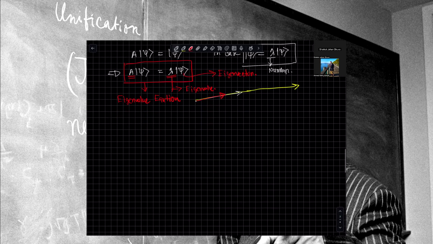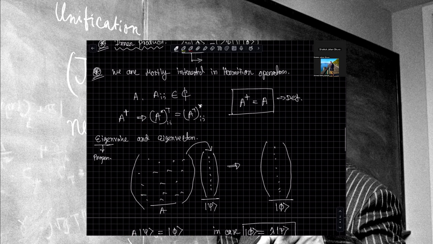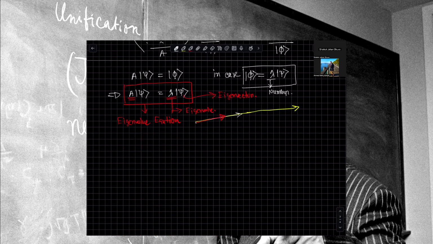And in quantum mechanics, we'll essentially be solving eigenvalue problems. That's all that is. Now, since we said we are mostly interested in Hermitian operators, defined by A dagger equals A, this leads to the conclusion that if H is a Hermitian operator, the eigenvalues will be real.